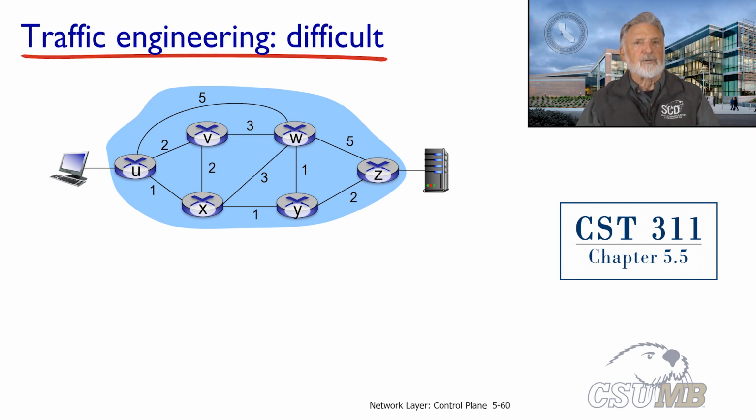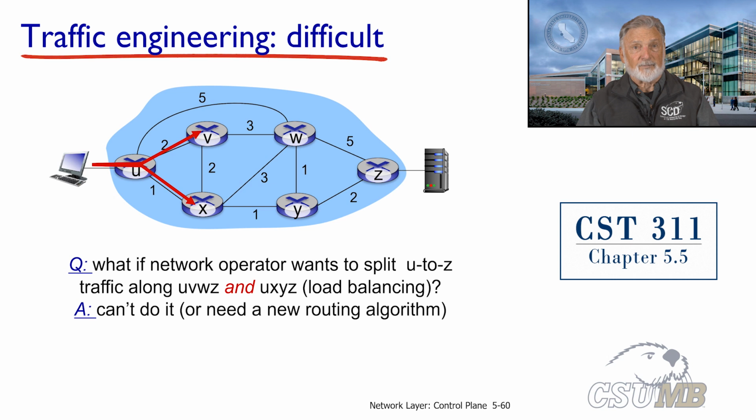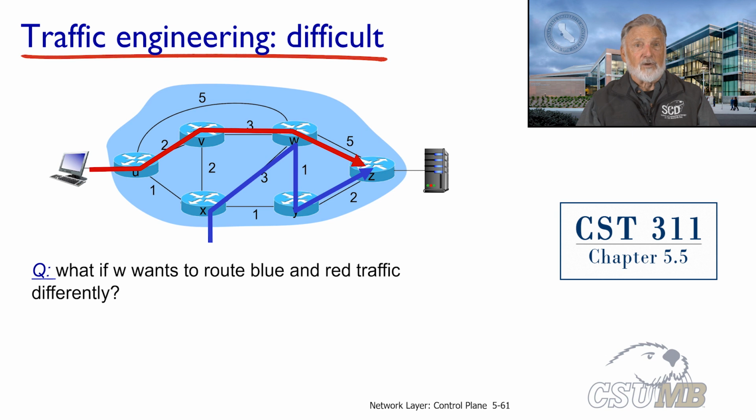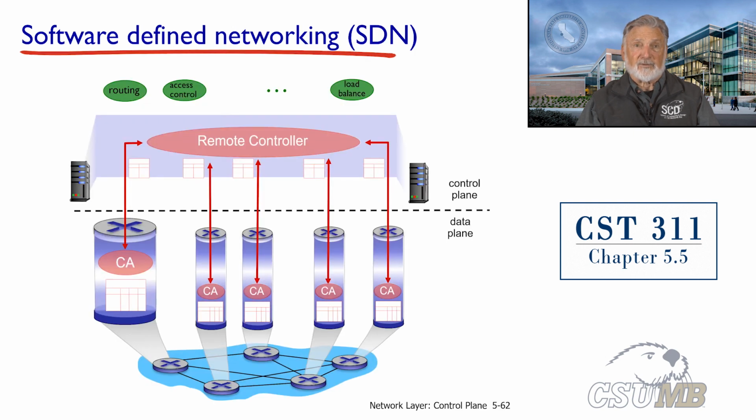Load balancing with most traditional routing algorithms is very limited. OSPF, BGP, and RIP can only load balance across equal cost paths. With just destination-based forwarding, routing different types of traffic, such as real-time traffic versus web, can't be done.